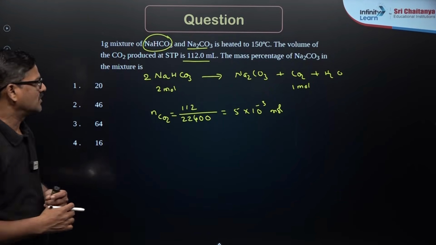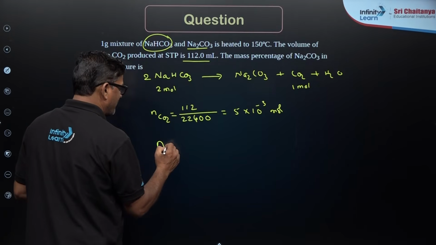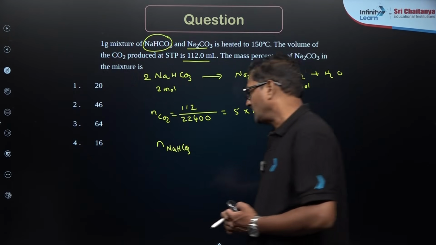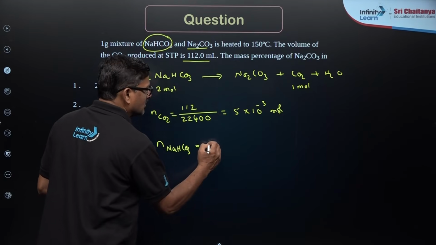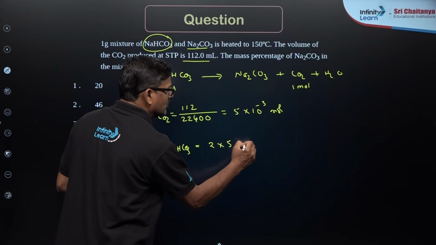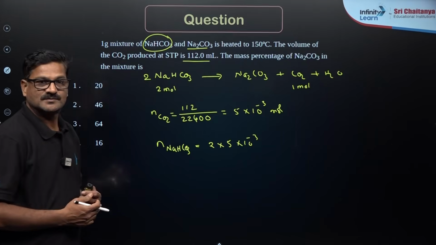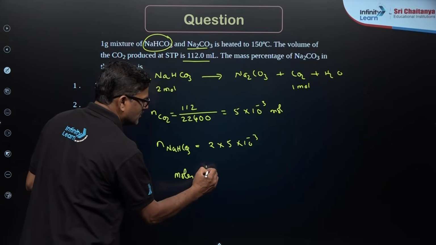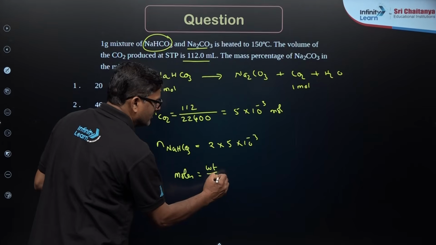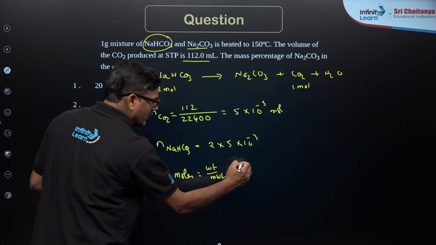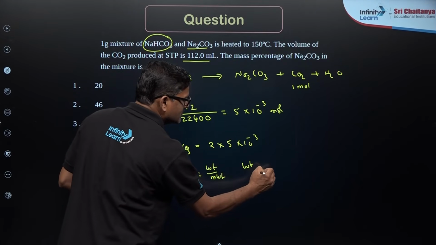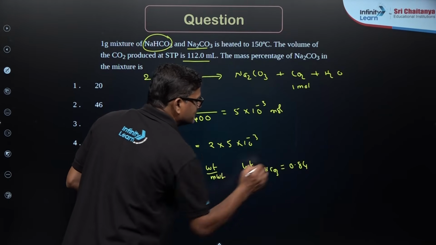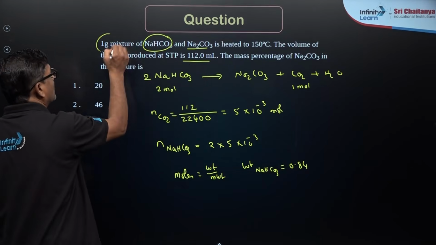So number of moles of NaHCO3 is going to be 2 into 5 into 10 raised negative 3. So from there, number of moles is equal to weight by molecular weight. From there we can calculate weight of NaHCO3 comes to be 0.84, and it is a 1 gram mixture.